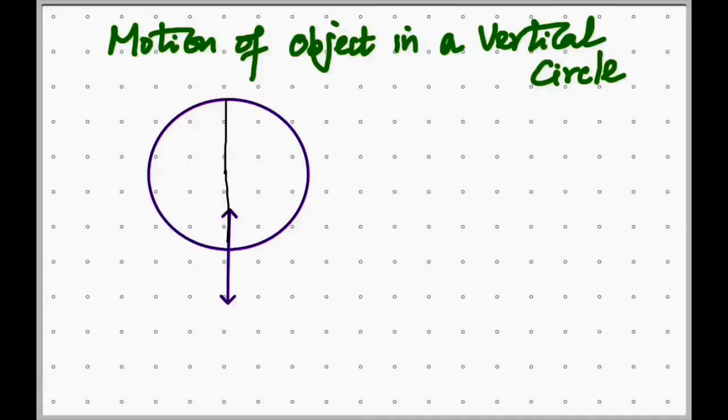So you have an object moving in a vertical circle at the lowest point, as shown. What are these two forces? The weight of the object, mg, and this is the centripetal force. Look, you cannot show the centripetal force. I want you to remember this.